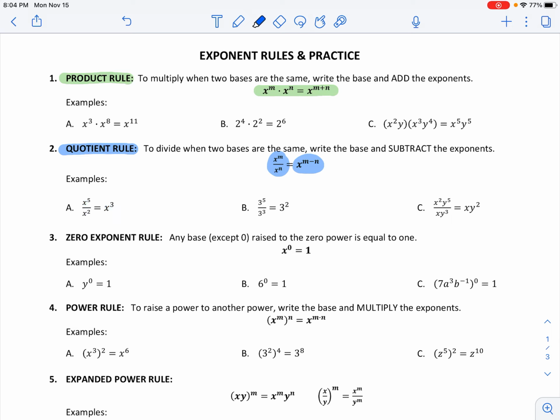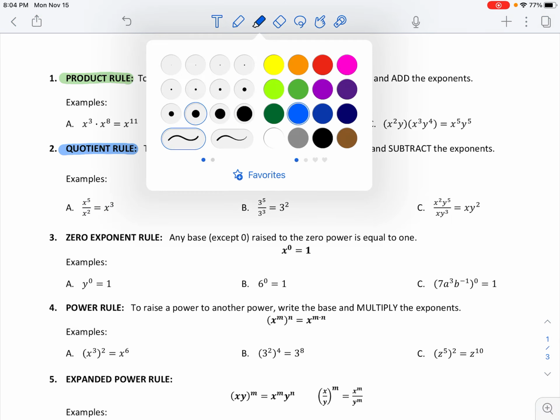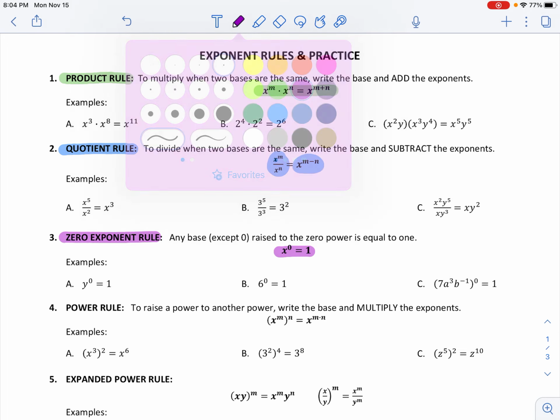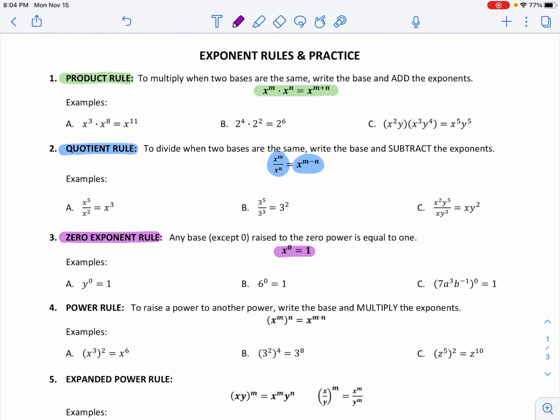Okay. The third rule is the zero exponent rule. Any base other than 0 to the 0 power will always be 1. Okay? And that's a spin-off from the quotient rule. The reason why that works is this. Say I had y to the 0 had come from y to the fifth over y to the fifth.